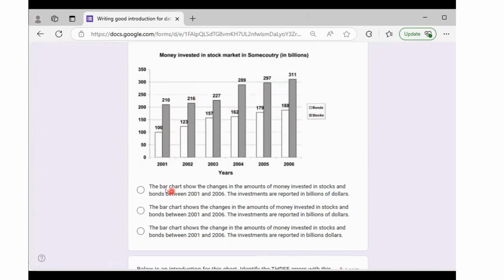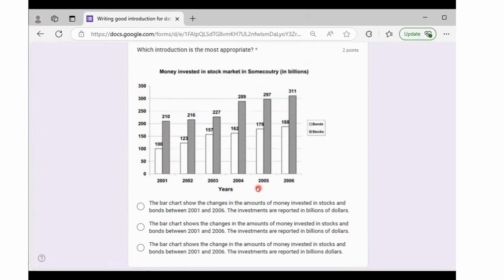The bar chart shows the changes in the amounts of money invested in stocks and bonds between 2001 and 2006. The investments are reported in billions of dollars.